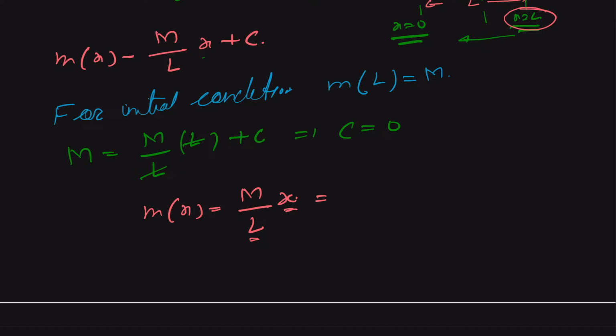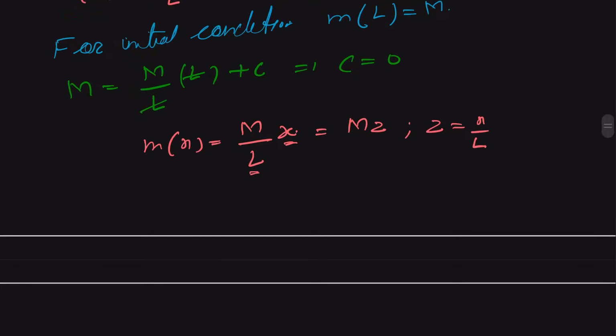Let us write this ratio as z, with z equal to x upon L, because this is a simple ratio. Therefore, we can write that m of x is equal to the total mass m times z.